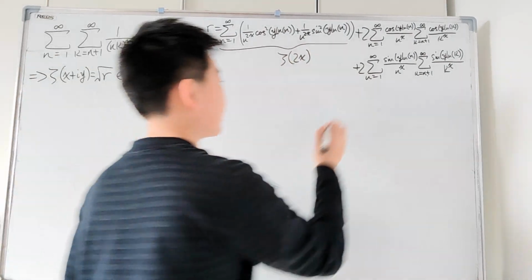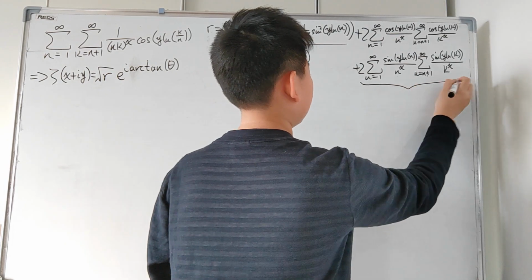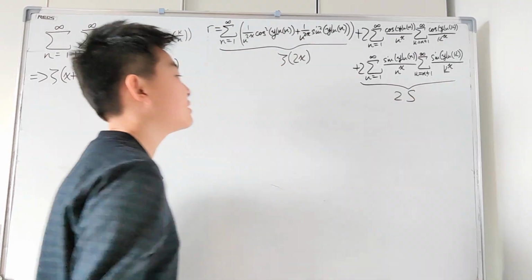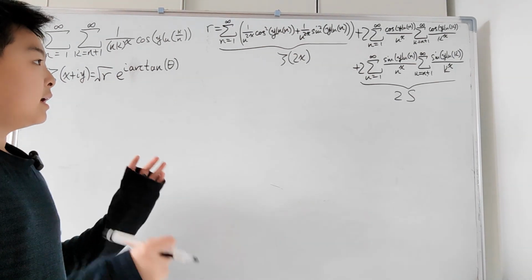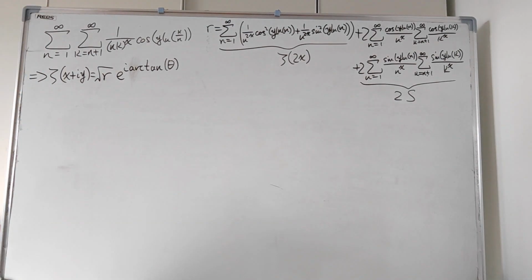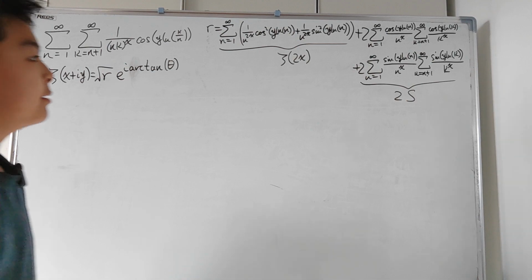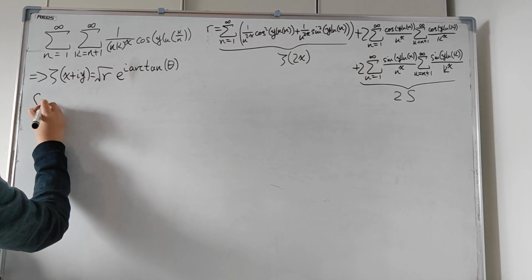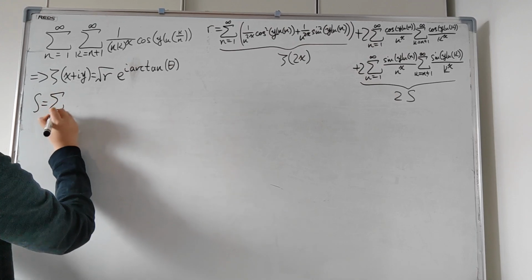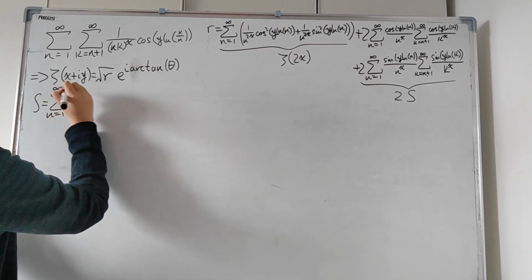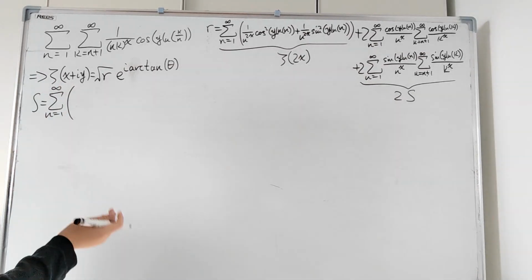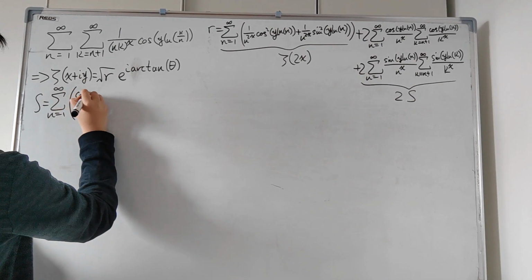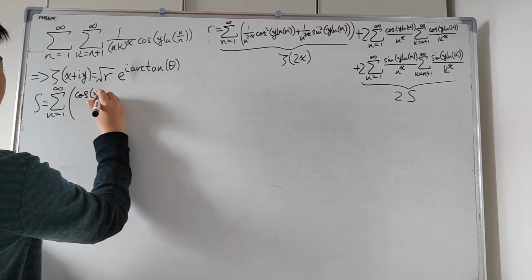And then for this thing, we're going to say it is equal to 2 times a certain number S. S for sum. I'm going to find the S. Now, we're actually going to combine these two sums in S. So we have here that S is equal to the sum, n equals 1 to infinity, of the cosine of y natural log of n.